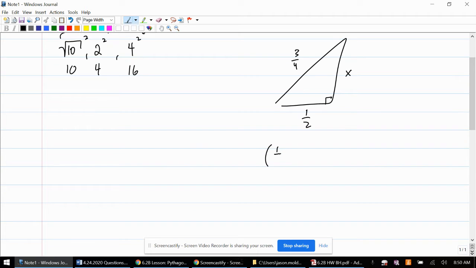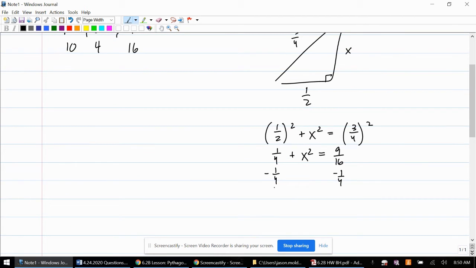It will be 1/2 squared plus x squared equals 3/4 squared, which is 1/4 plus x squared equals 9/16, minus 1/4 on both sides. You can see that I'm squaring the whole fraction, so using parentheses there is really needed. And you need to make sure that you're squaring the numerator and denominator. This is 4/16. So that will be 5/16.